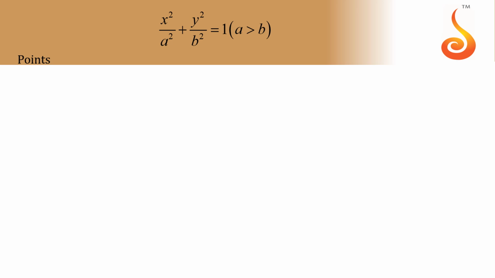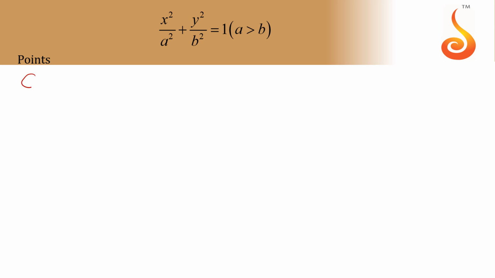So let us see x square by a square plus y square by b square equals 1, a greater than b. This is called the standard ellipse. The major axis will be the x axis, and the minor axis will be the y axis. Here also I want to divide into three categories.